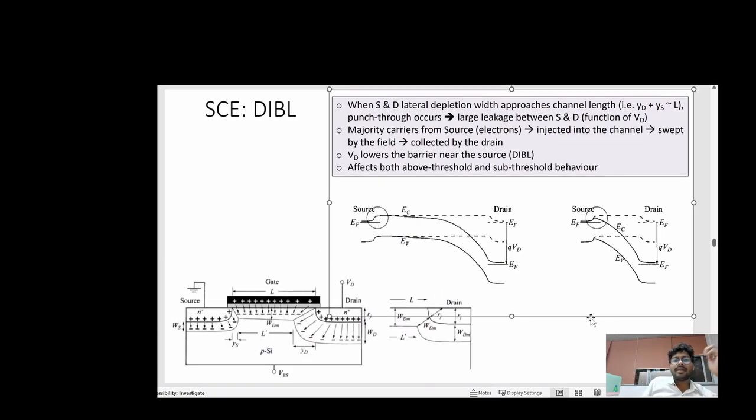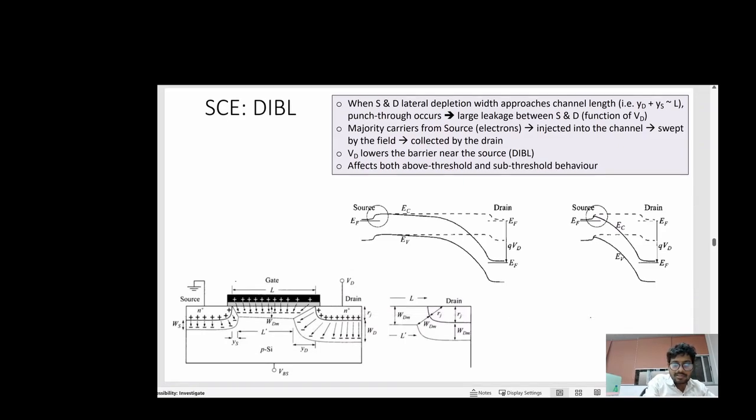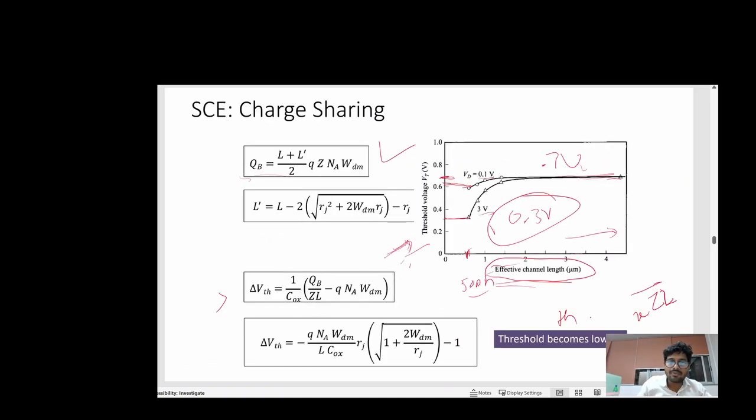So now drain induced barrier lowering, what happens is, when you have decreased the channel length, this is the channel length L, and you have applied drain voltage so much. You are increasing the drain voltage. In the previous case, if you have seen, if you increase the drain voltage, your threshold voltage is decreasing. If you increase the drain voltage more, your threshold voltage will decrease more.